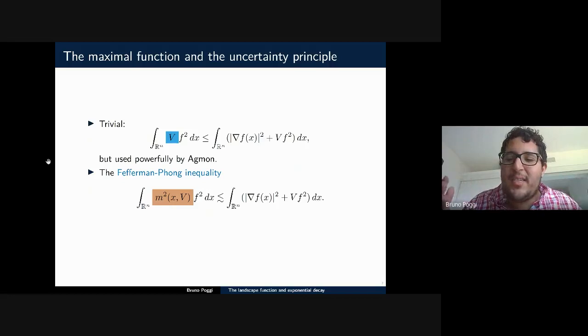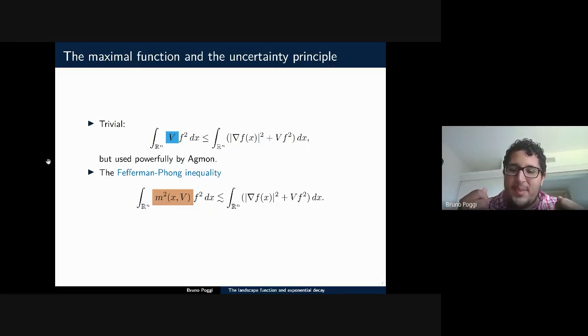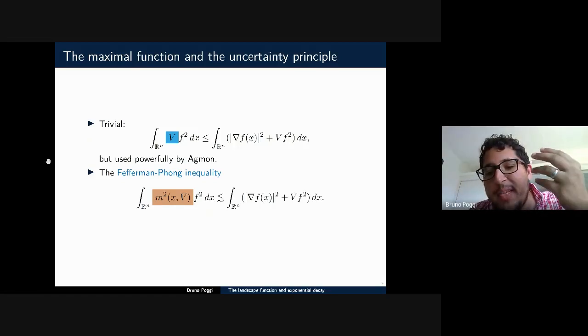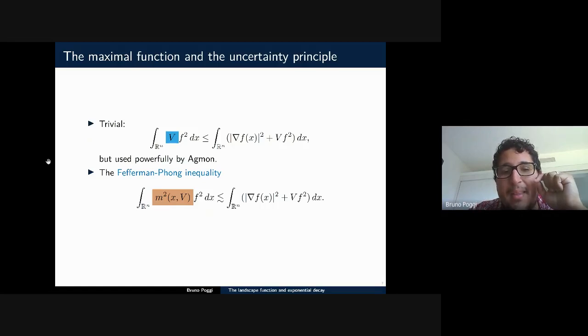Why is this function useful to study exponential decay? I told you with a picture, but mathematically, the reason is because of these so-called uncertainty principles. The way that Agmon proved his exponential decay result initially was by simply observing this trivial inequality, that you can bound the potential energy with V by the kinetic plus the potential energy.